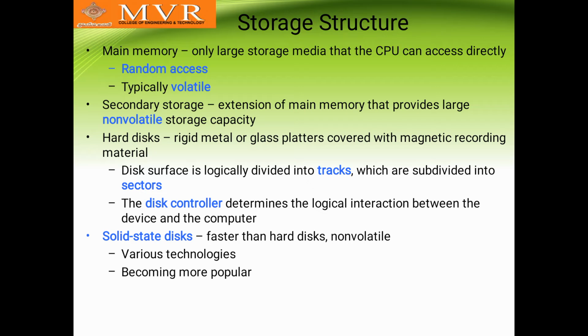A hard disk has glass plates covered with magnetic recording material. The disk surface is logically divided into tracks and sectors, and the controller determines the logical interaction between the device and the computer. A solid state disk is much faster than a hard disk. It is non-volatile, and various technologies are used and becoming more popular.